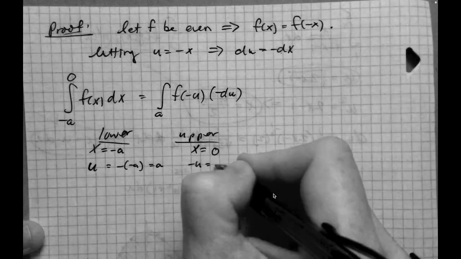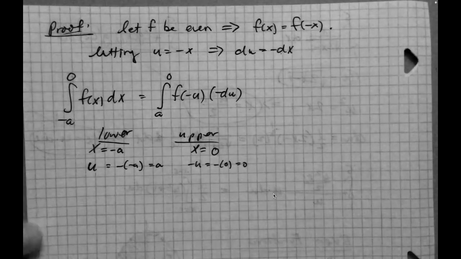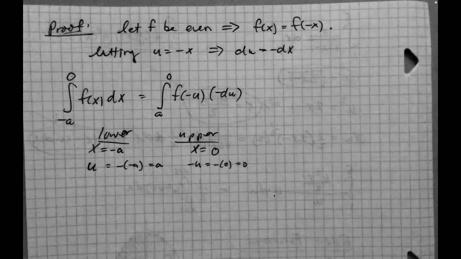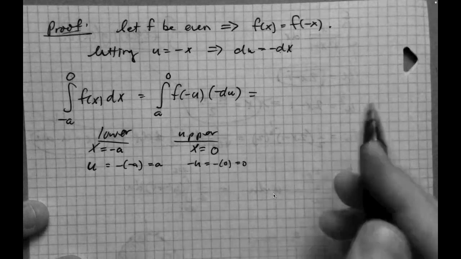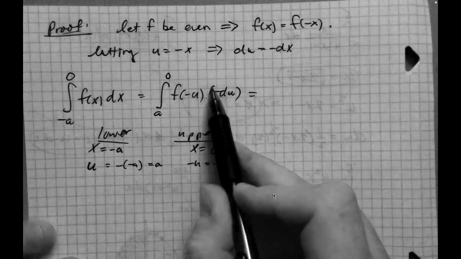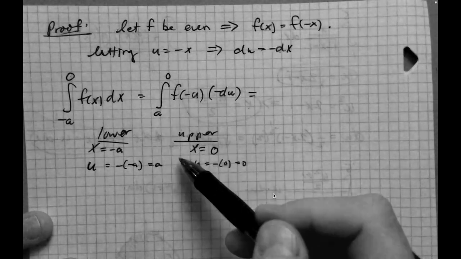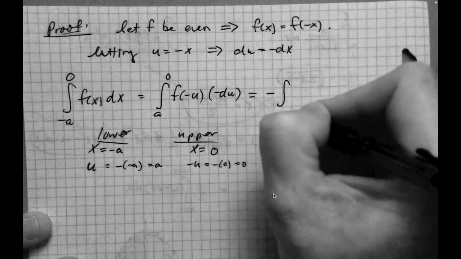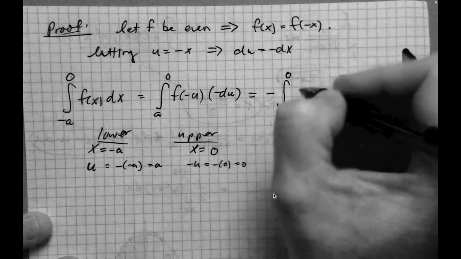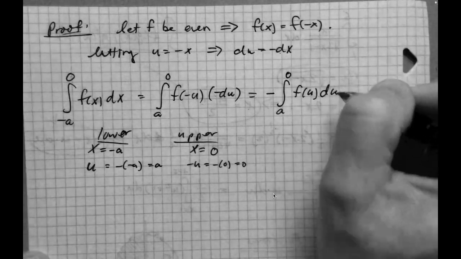Negative u is equal to negative 0, which is 0. Then I can deal with these negatives. f of negative u is just f of u, and then this other negative comes out. So this would actually be equal to negative the integral from a to 0 of f of u du.